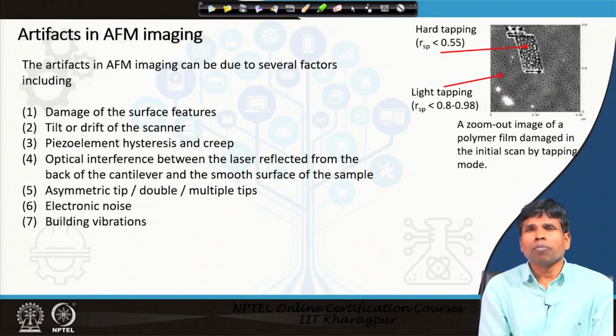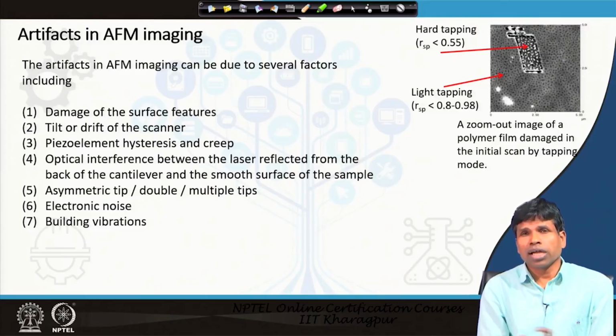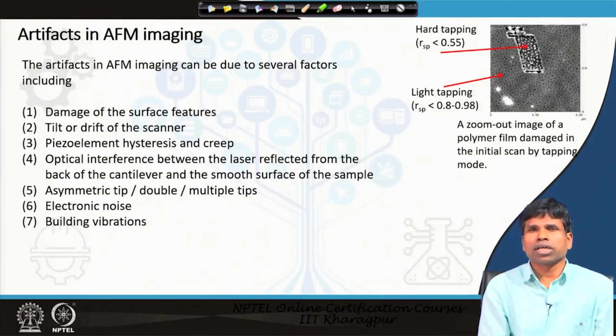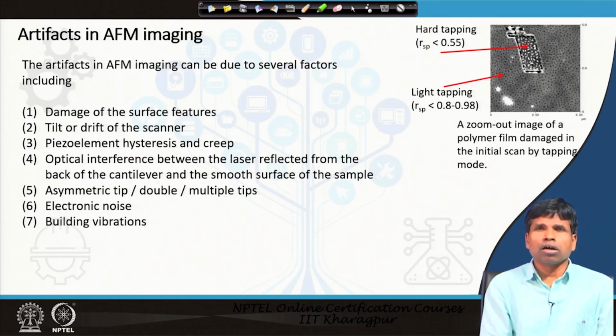But if we compare, certainly atomic resolution is much easier to get with the contact mode than non-contact mode, and tapping mode also takes the advantage of both contact mode and non-contact mode, giving atomic resolution images.